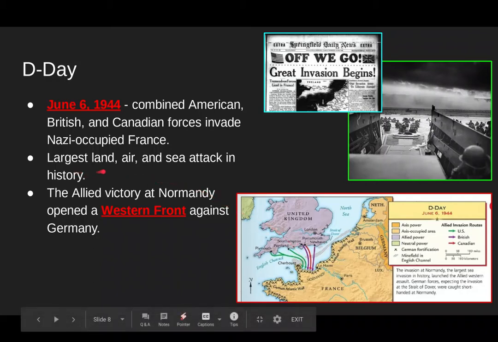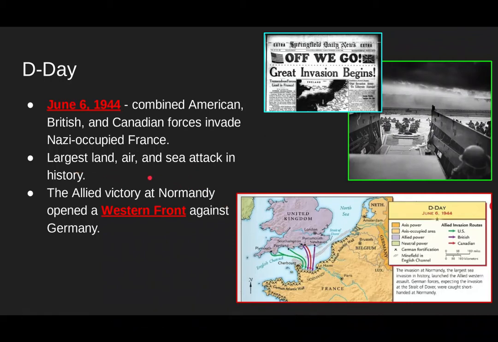And this is going to be the largest land, air, and sea attack in history. Okay, this is going to be massive. This is unprecedented. Nothing before or since has ever been seen in the history of warfare.